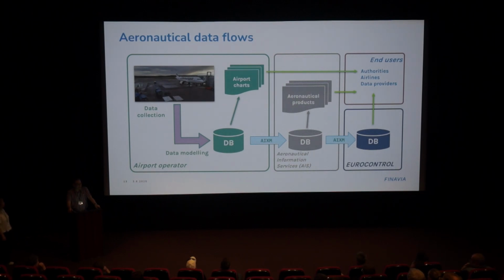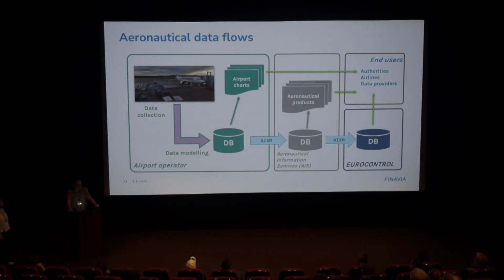Then we have AIXM. We deliver the data to the Aeronautical Information Service, which is a countrywide organization that creates aeronautical products for stakeholders or end users. In Finland they have one, in Sweden they have one, and every country has one AIS collecting the information from various airports.